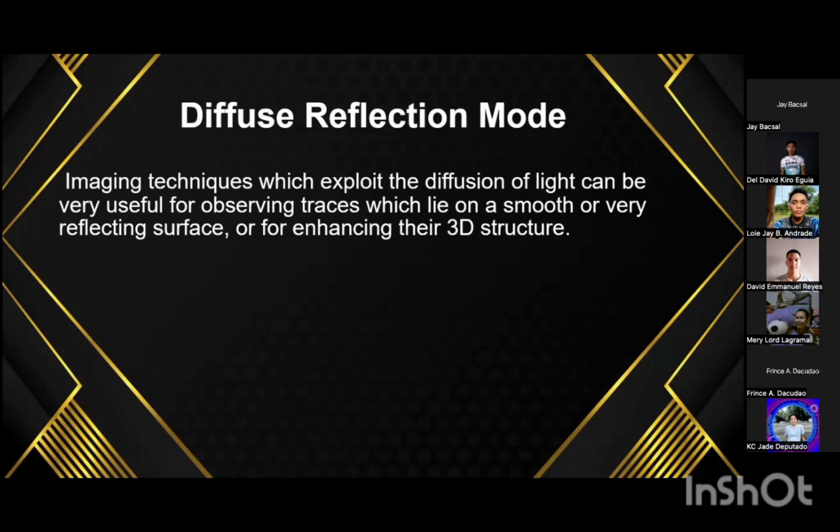Diffuse reflection mode. Imaging techniques which exploit the diffusion of light can be very useful for observing traces which lie on a smooth or very reflecting surface, or for enhancing their 3D structure. This technique can be applied either with monochromatic or with white light.